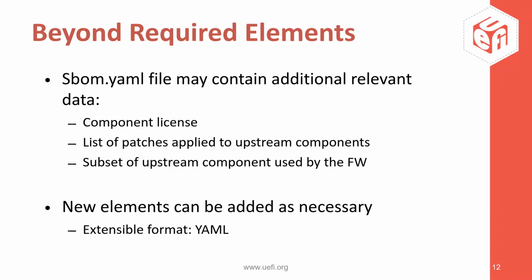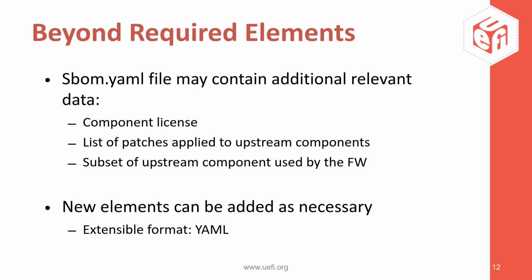The format also supports providing additional information such as component license, list of patches applied to the upstream components, and also the subset of the upstream component used by the firmware. The last one is important if we are talking about enumerating our source tree. For example, with OpenSSL, we have to keep explaining to customers that, okay, this vulnerability that you've read about doesn't apply to us because we are not using this particular portion of the library that is vulnerable.